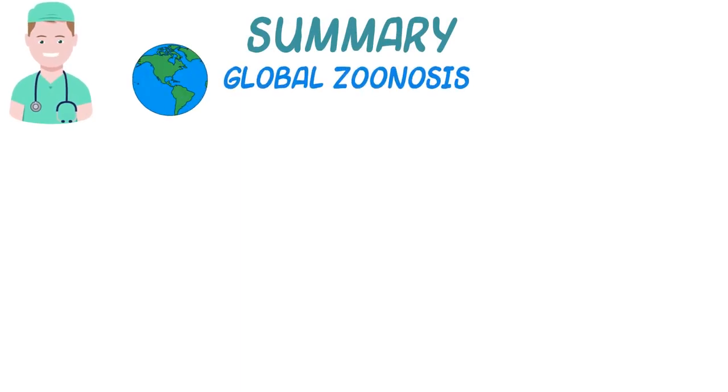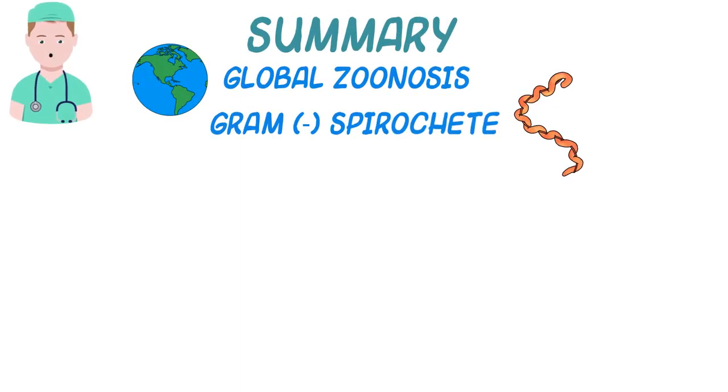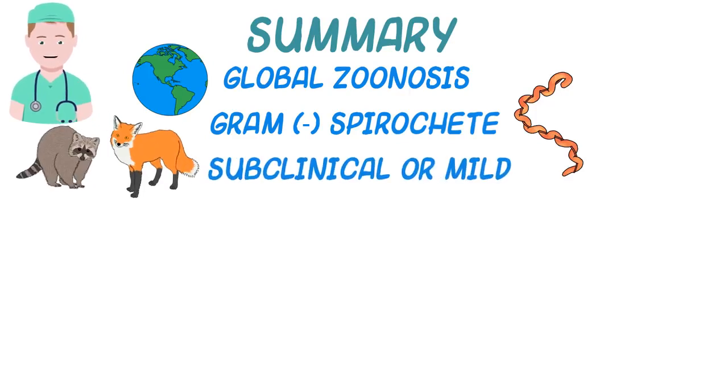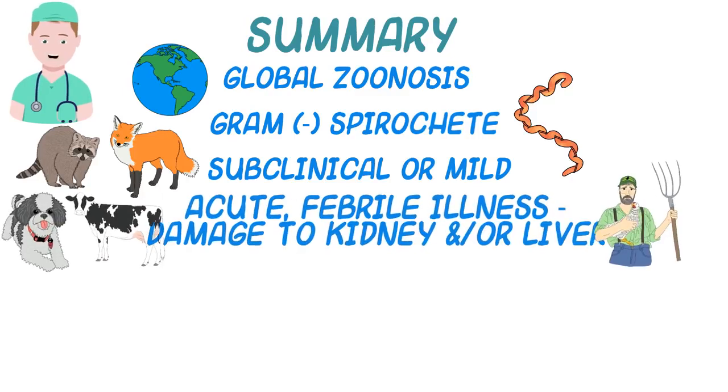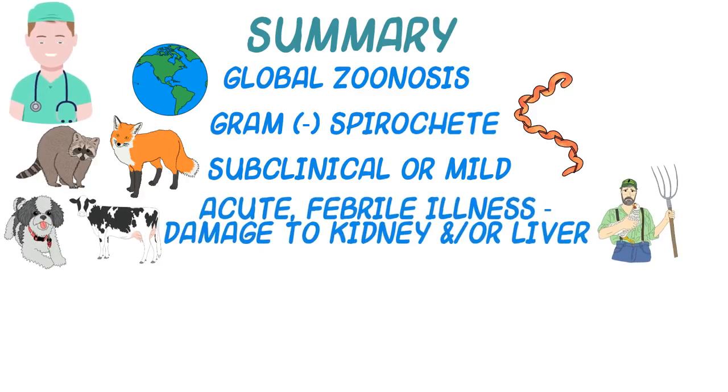In summary, leptospirosis is a zoonotic disease caused by a gram-negative spirochete bacteria that induces subclinical or mild disease in maintenance hosts and can cause an acute febrile illness characterized by damage to the kidney and/or liver in incidental hosts, including most domestic animals and man.